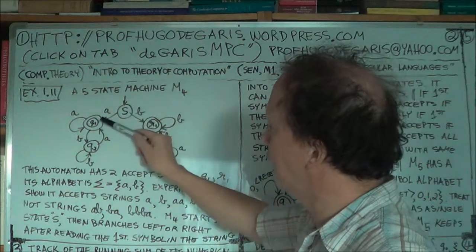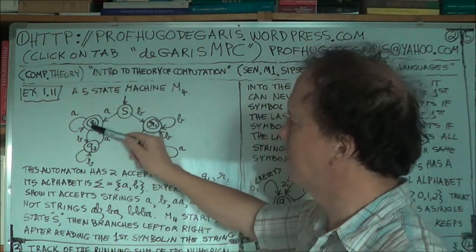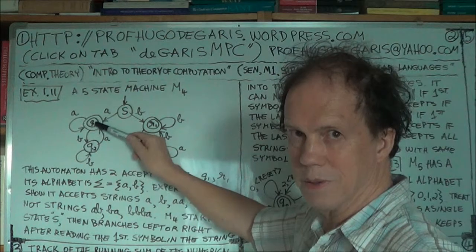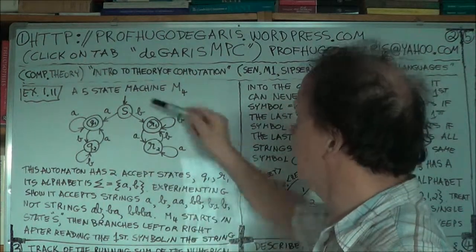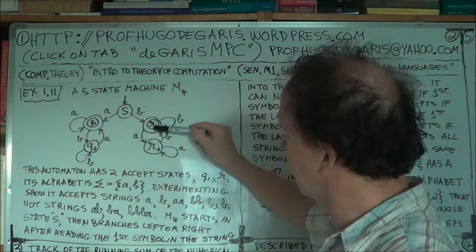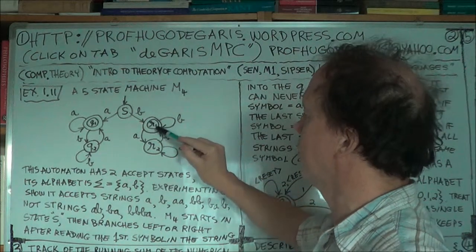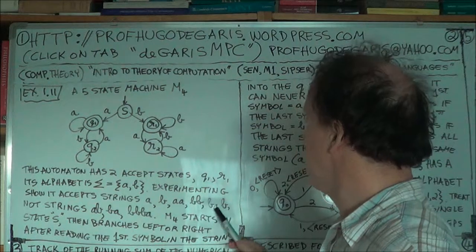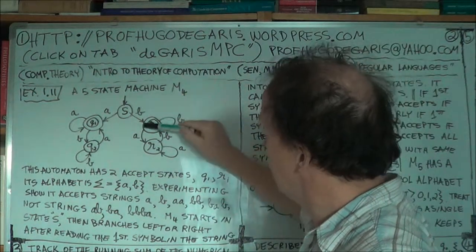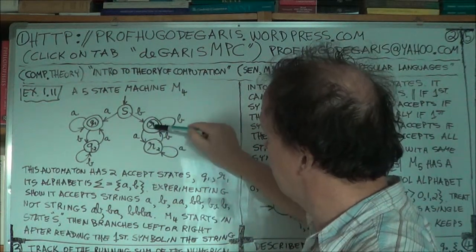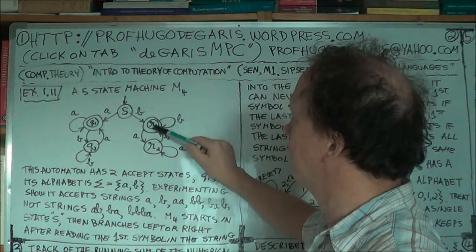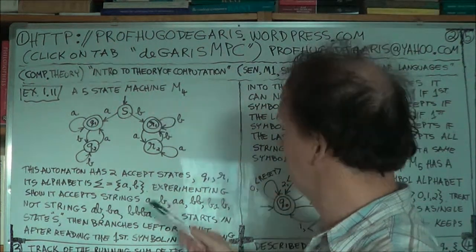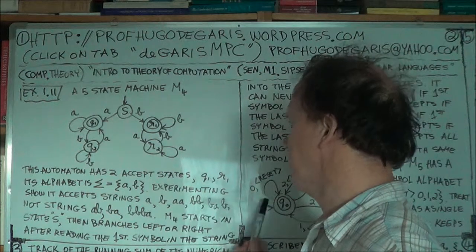AA, it's still in Q1, so AA is accepted. BB goes this way and then back again, so remains in R1. That's an accept state, so BB is accepted. BAB terminates in R1, that's an accept state, so BAB is accepted.